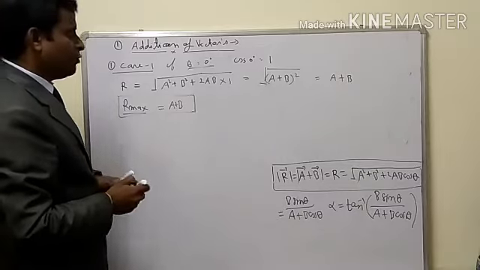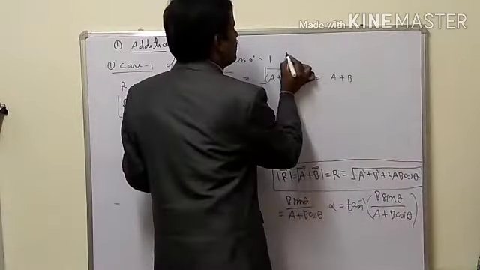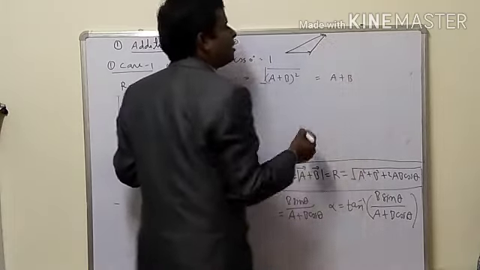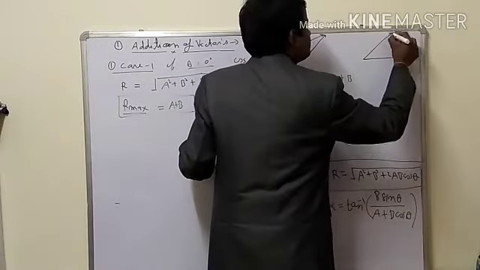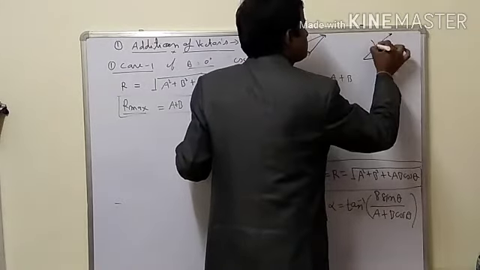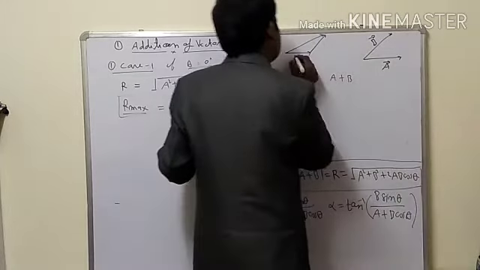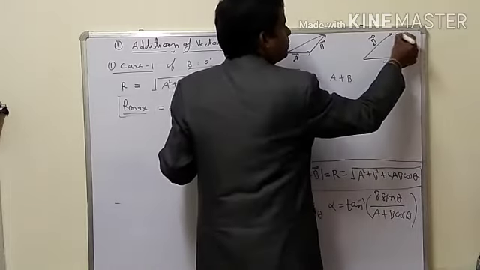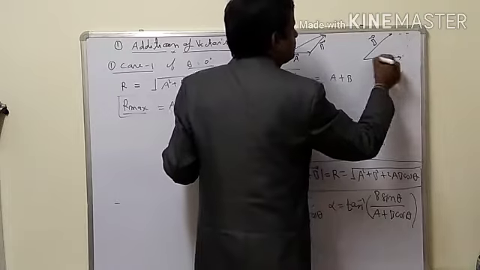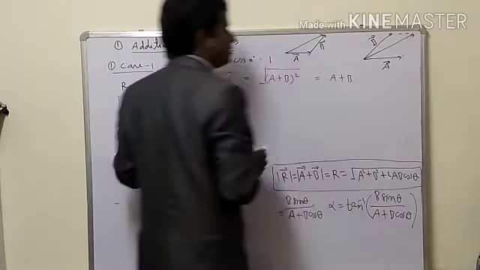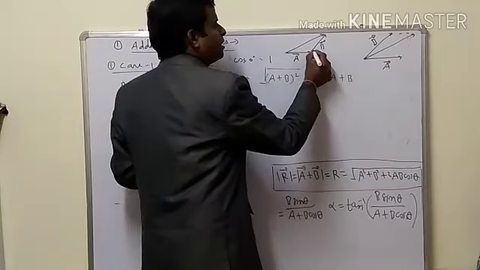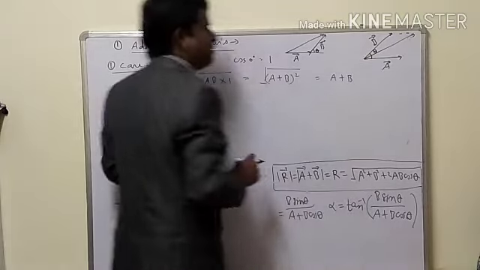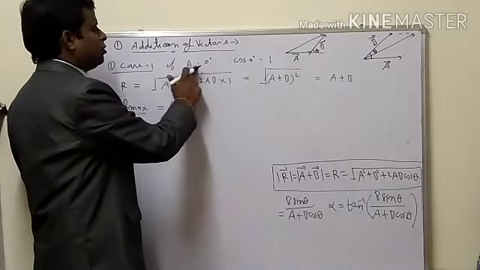Theta is 0 degree. What do you mean by theta is 0 degree? If you are taking two vectors joining in triangle law like that, or in parallelogram law, clear? This is the parallelogram law. If you are joining these two vectors, you know that this was the angle theta and here it was theta. I am taking theta is equal to 0 over here.